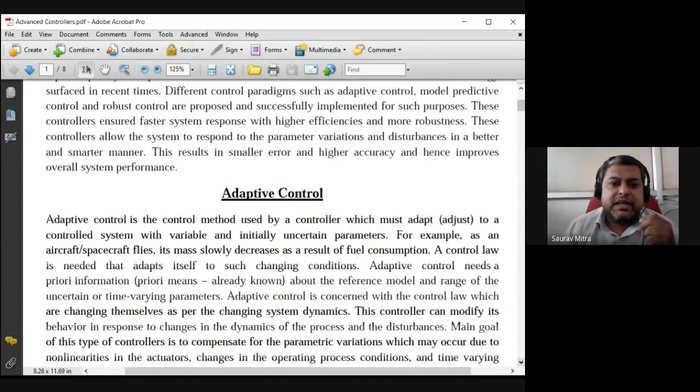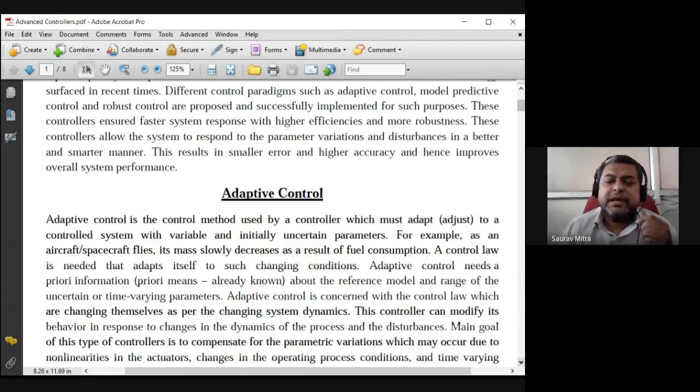These controllers ensure faster time response with higher efficiencies and more robustness. More robustness means it can take care of multiple inputs, multiple outputs. These controllers allow the system to respond to parameter variation and disturbances in a better and smarter manner. This results in small error, higher accuracy, and hence improves the overall system performance.